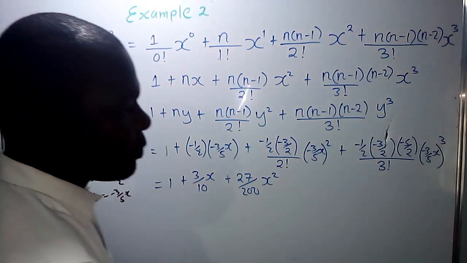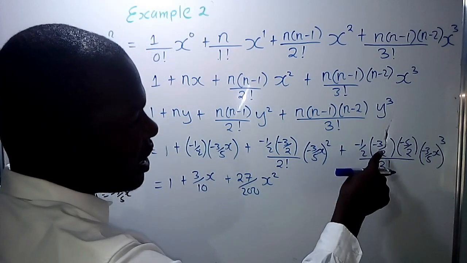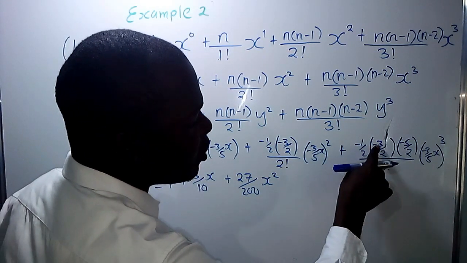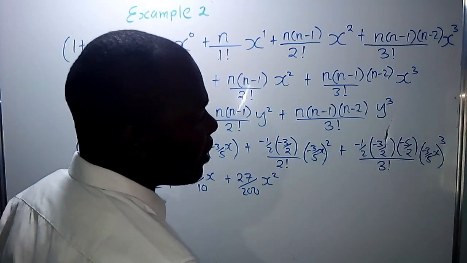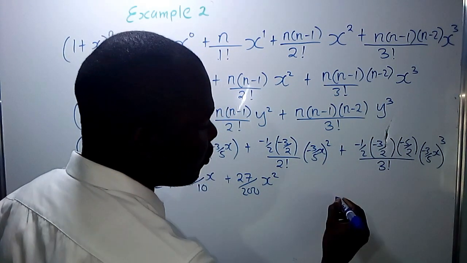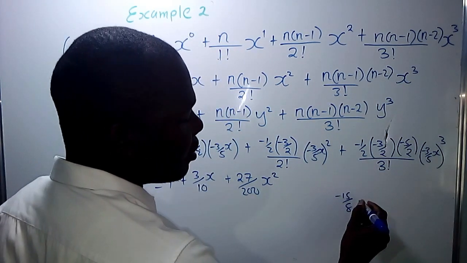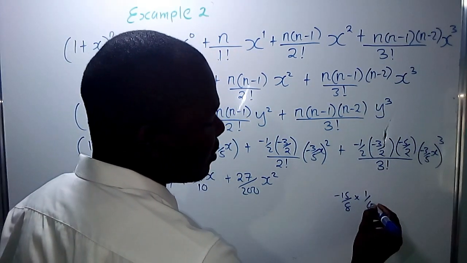Then there we have negative a half times negative 3 over 2 times negative 5 over 2, negative, negative, positive, positive, negative is negative. That is negative 15 over 8. So negative 15 over 8 divided by 3 factorial, meaning times 1 over 6, 3 factorial is 6.